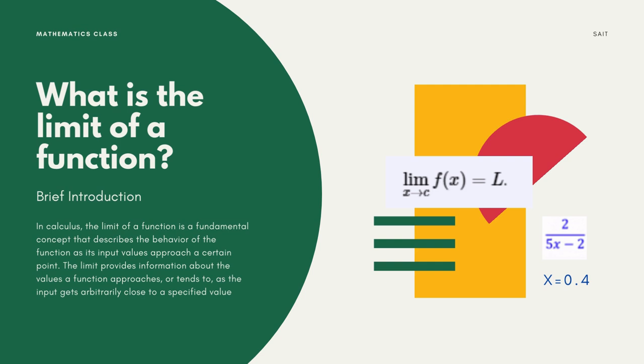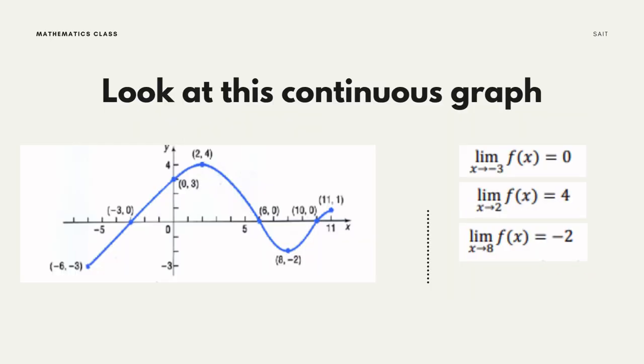So the limit of a function in terms of x, which could be any variable, as the variable gets close to any point in the graph, is equal to an output, and we want to calculate that output. So here, for this continuous function, this is a function f of x. I don't know what the equation is, but I have the graph, right? So I want to see, when x is getting close to -3, what is the output value? When x is -3, exactly at this point, your graph is defined.